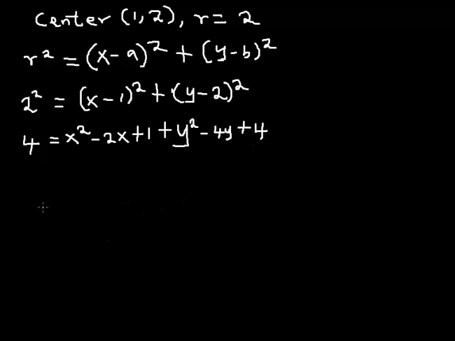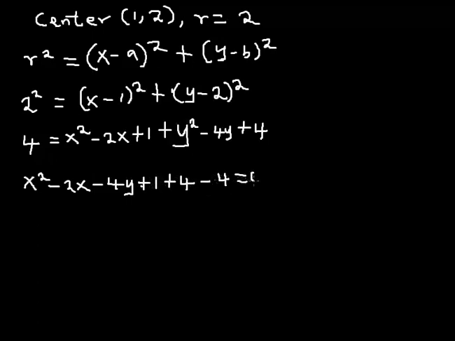Collecting like terms, I'll have x squared minus 2x minus 4y, then of course I'll start adding the constants, plus 1 plus 4, then minus 4 goes over.